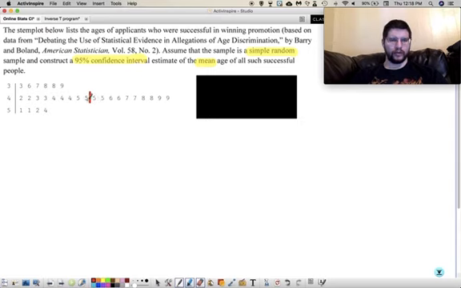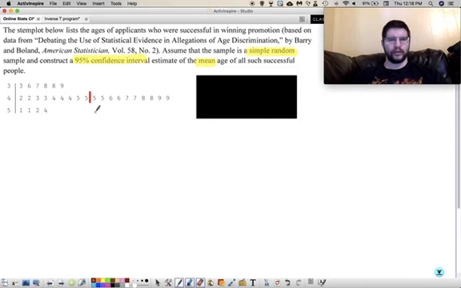How many numbers are below? 15 below, and 14 above. So yeah, that's reasonable. That's normally distributed. The mode and the median are right here. I'm pretty sure once we calculate the mean, it's also going to be close to 45.